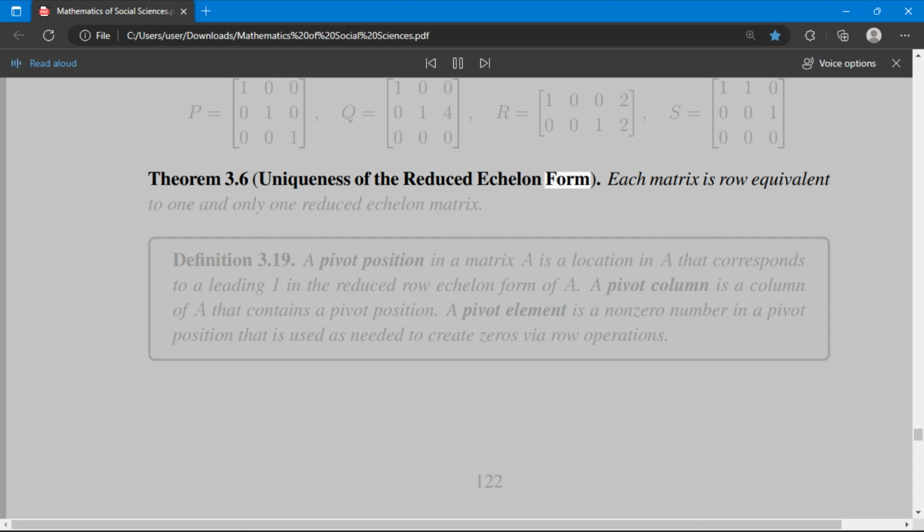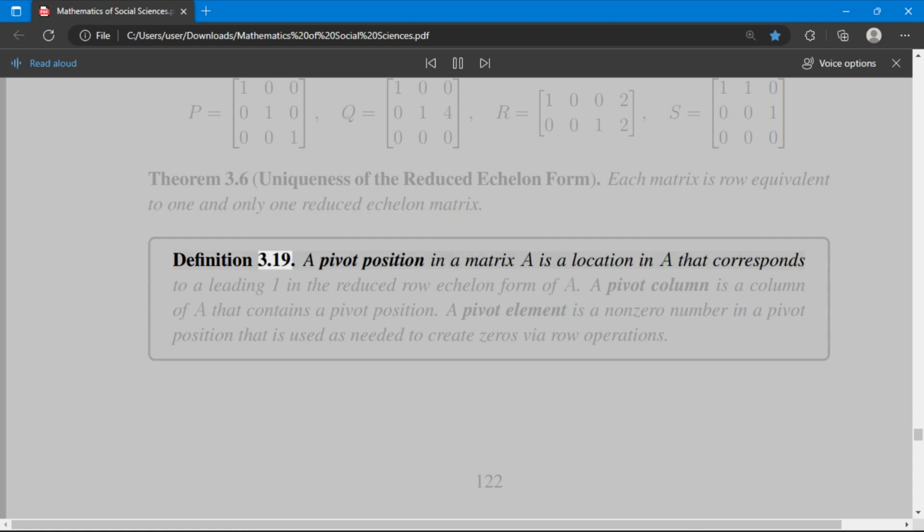Theorem 3.6. Uniqueness of the reduced echelon form. Each matrix is row equivalent to one and only one reduced echelon matrix. Definition 3.19.